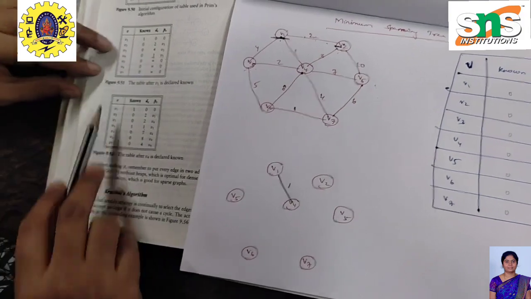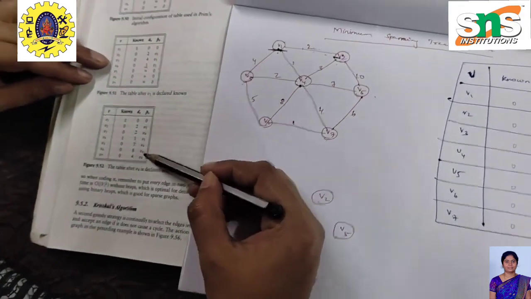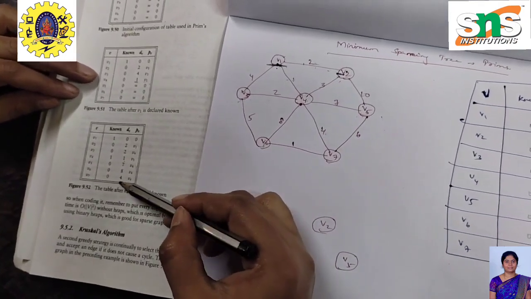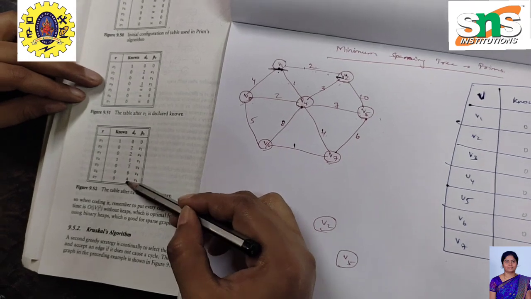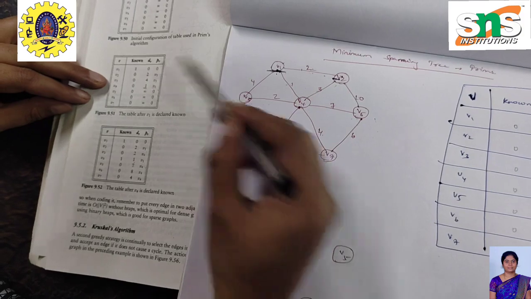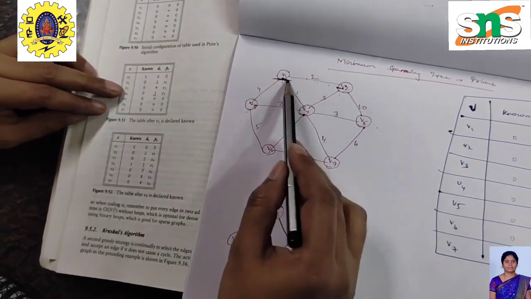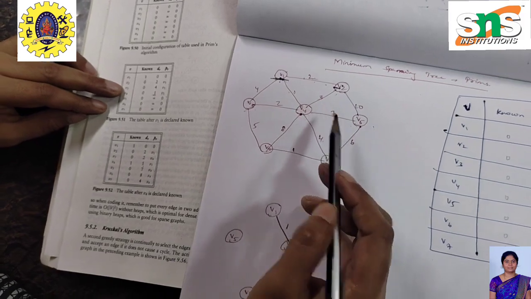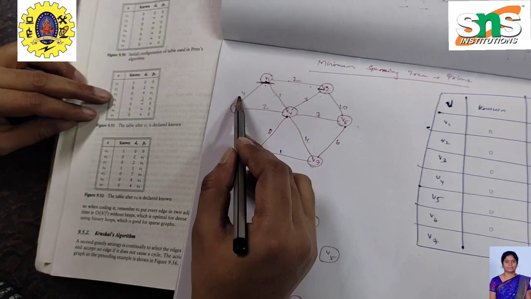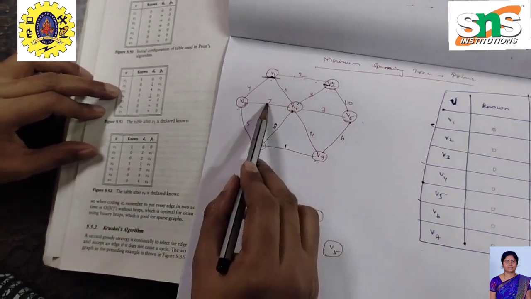So from V4, in the initial table, it is 0. Now we are marking that from V4 we are visiting V5, V6 and V7 with the values 7, 8 and 4. From V1 I can visit V3, but it has a weight of 4, whereas in this case I have a weight of 2.